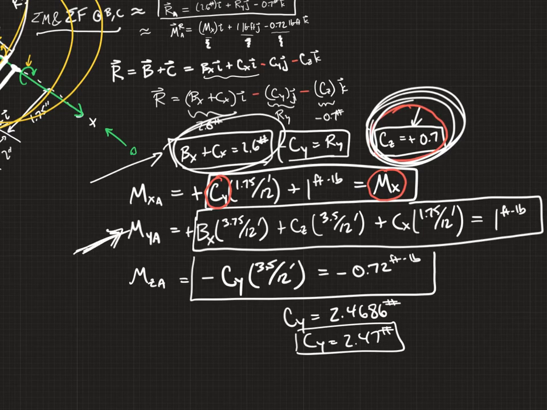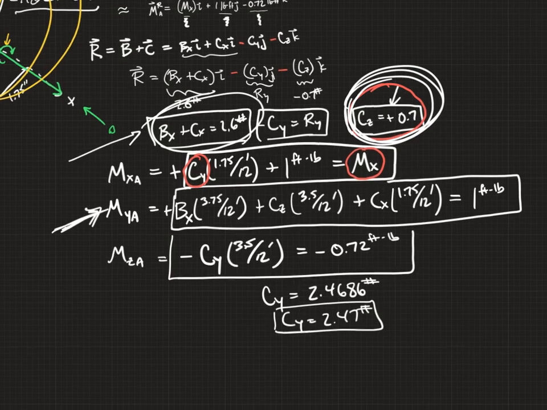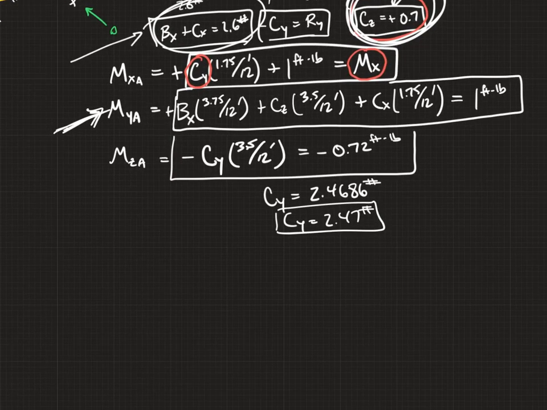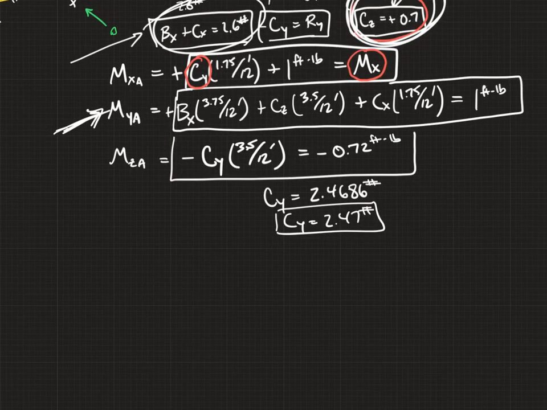Okay, so I'm going to move a little bit to give myself a little bit of space, and I'll show you how that's done. So we're going to start by Bx. Based on this, Bx is going to be 2.6 minus Cx.